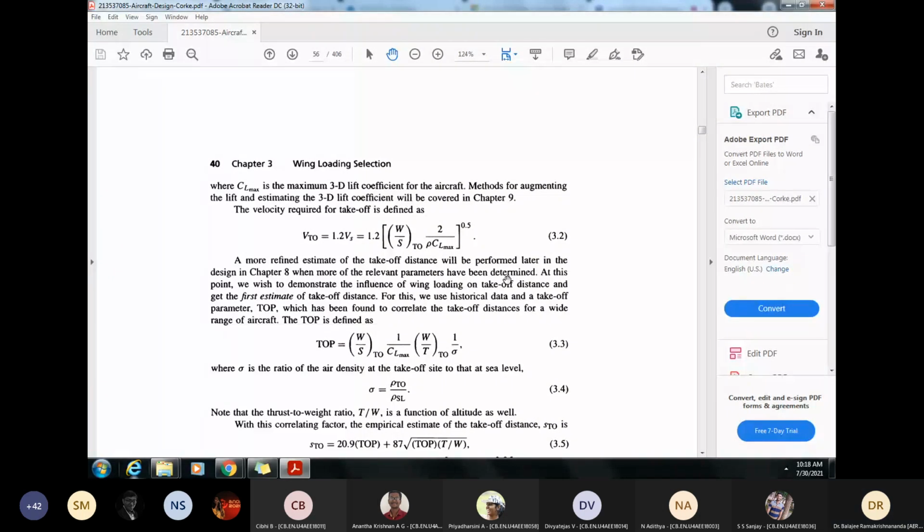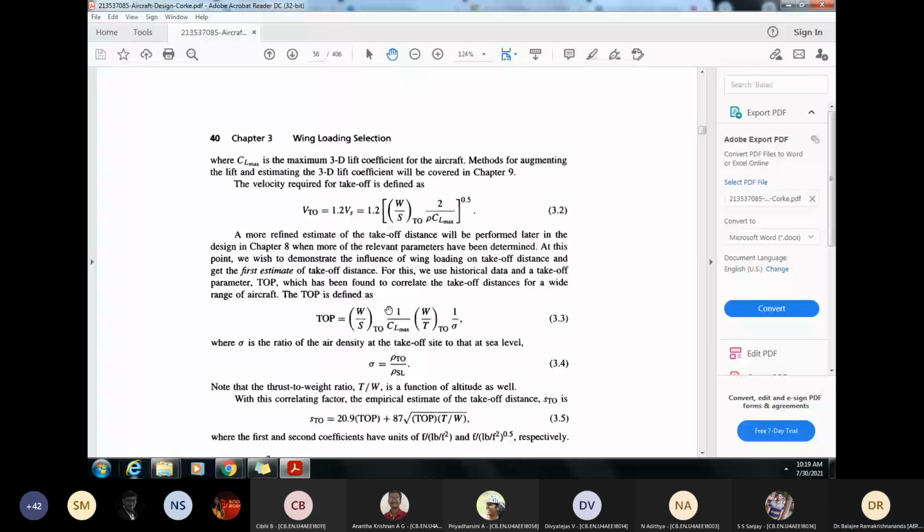So we wish to demonstrate the influence of wing loading on takeoff distance and get a first estimate of the takeoff distance. Although 3.2 is given here, we are using another empirical method to estimate takeoff distance. For this, we use historical data on the takeoff parameter, TOP, which has been found to correlate the takeoff distances for a wide range of aircraft.